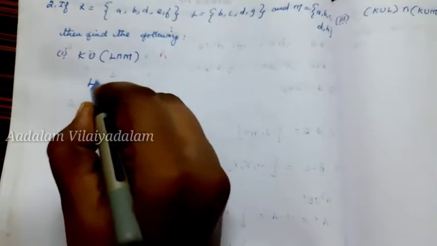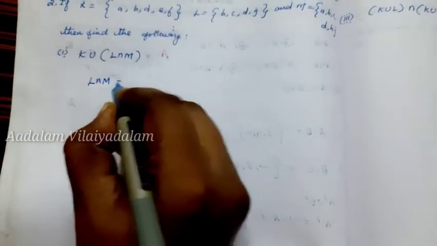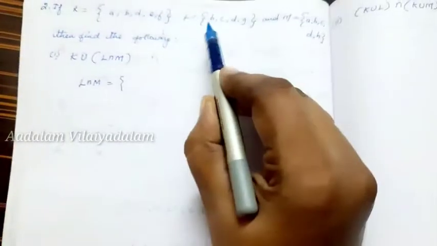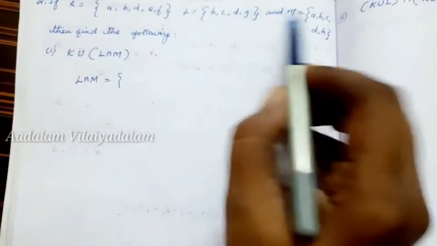K union L intersection M. So let's solve the bracket value, L intersection M. What are the common elements between L and M?